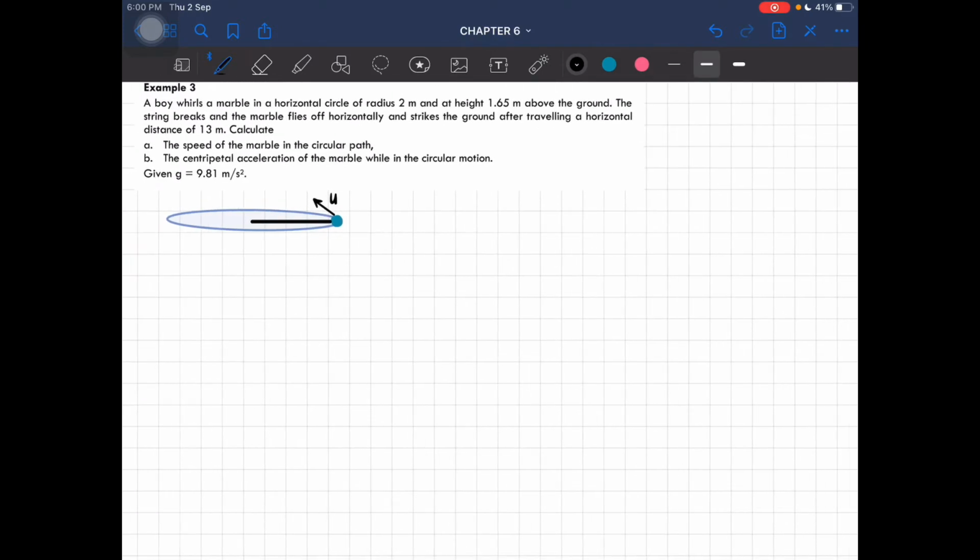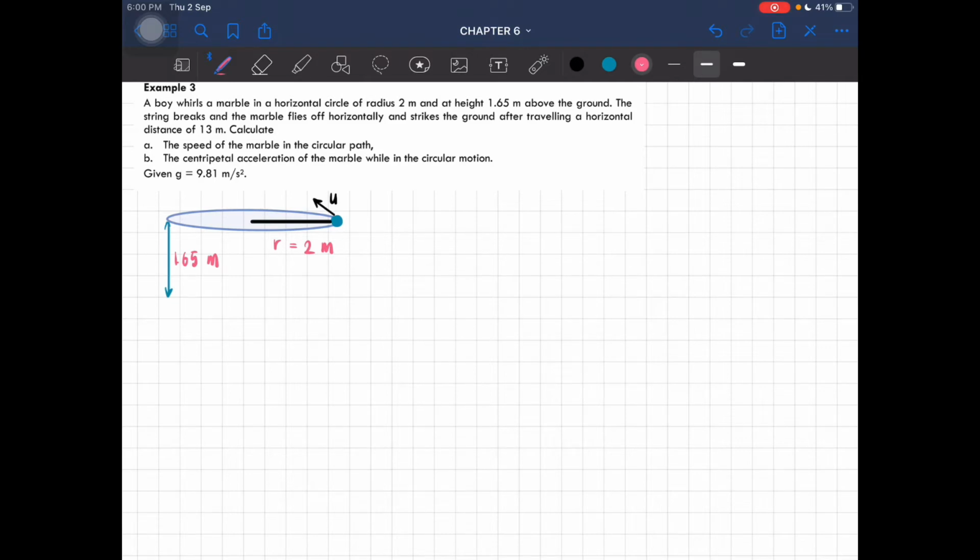Then it is 1.65 meter above the ground. The radius is given, which is equal to 2 meter. At this time, it is still moving in a horizontal circle.